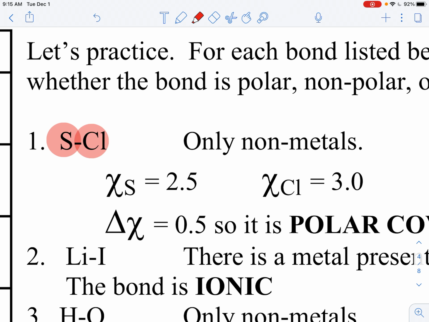The next one, I've got H and I've got O. All right, let's check those out. Here is H and here is O. H behaves more like a non-metal in these circumstances than a metal. Remember, H is a little bit of a goofy wild card, so we'll count it as a non-metal. Because there are only non-metals in this, it's going to be either non-polar covalent or polar covalent.